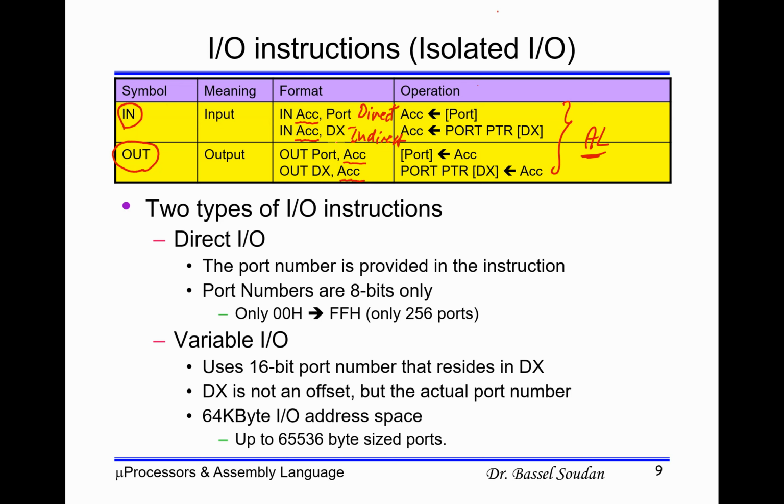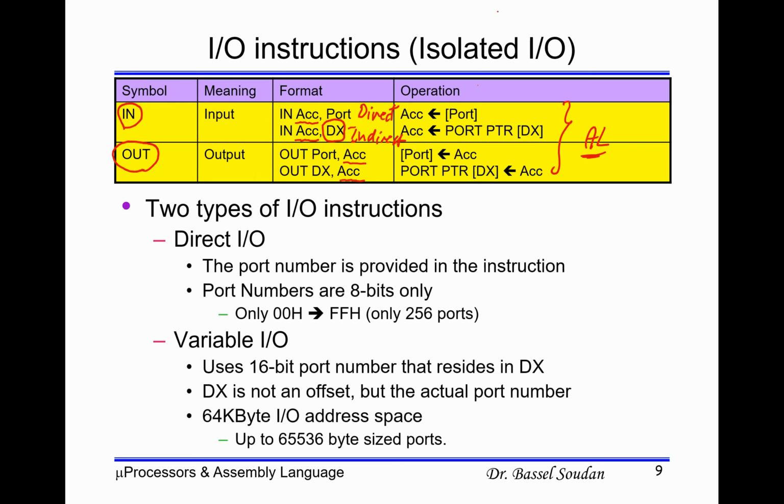Even for the indirect, I don't have the freedom to use any register for the indirect address. I have to put the port number inside the DX register. So the port should be in DX, and the data will be available in the AL register, and vice versa for the IN and for the OUT. The same thing is in the IN and the OUT instructions.